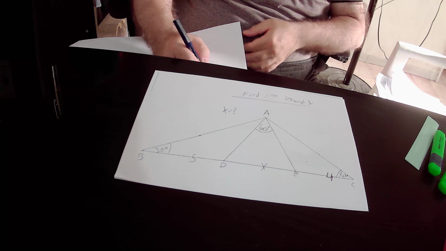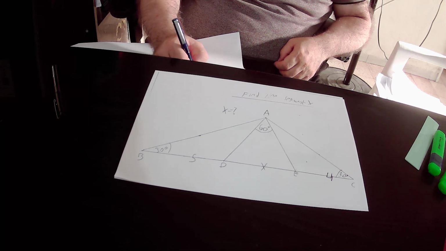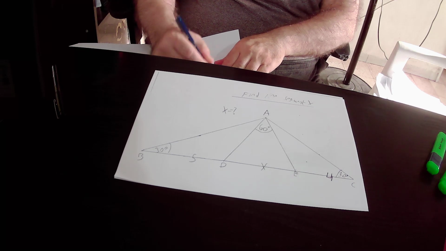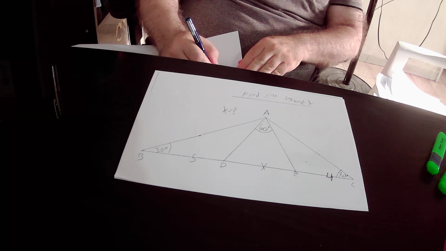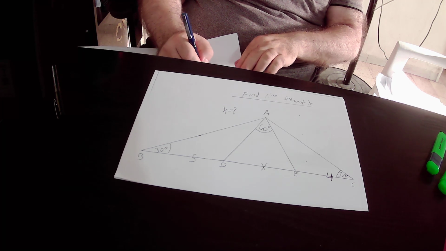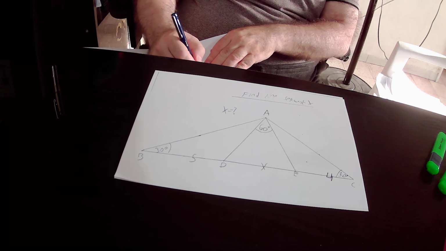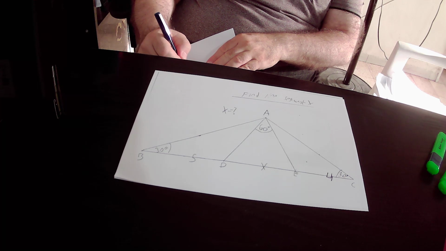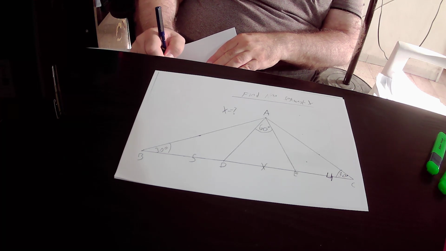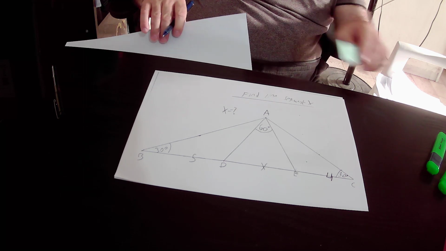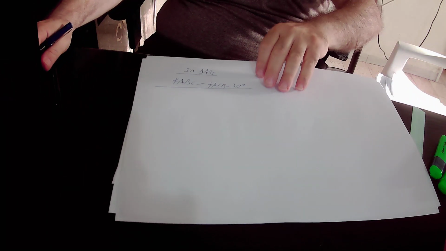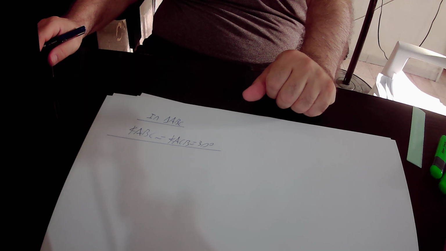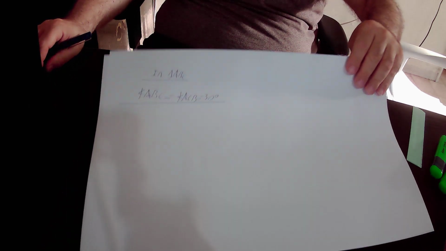So in triangle ABC, angle ABC is equal to angle ACB, and both angles are equal to 30 degrees, therefore they are equal to each other. I will repeat again.